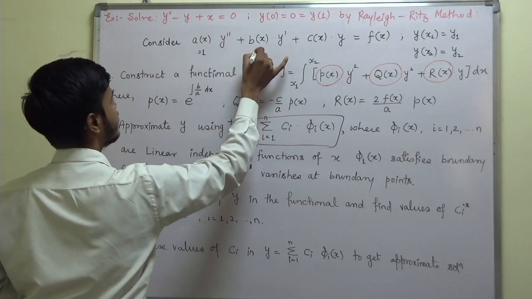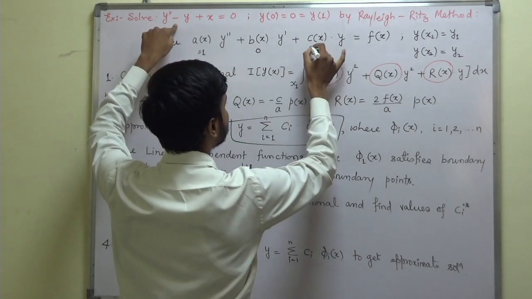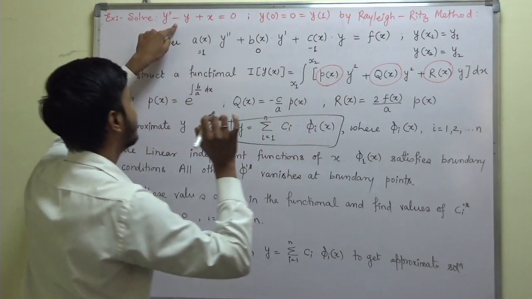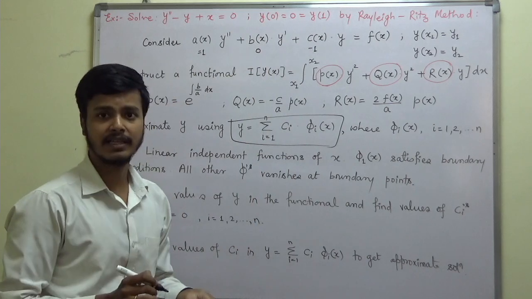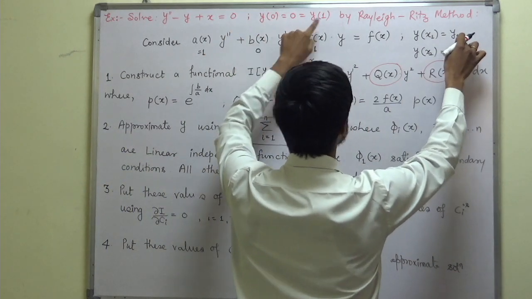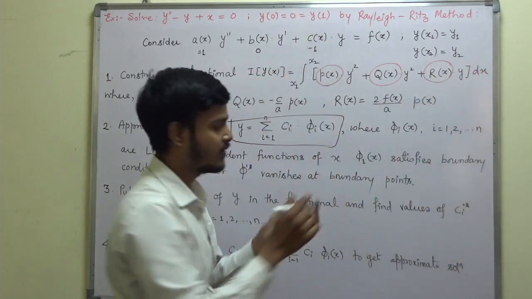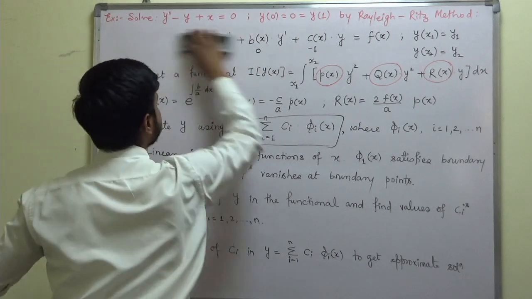This is 1, this is 0. Then the coefficient of y is -1, so c of x is -1. And when you take this to the right, f of x would be -x. Is it? x1 is 0, y1 is 0, x2 is 1, y2 is 0. Okay, so we are going to start like this.